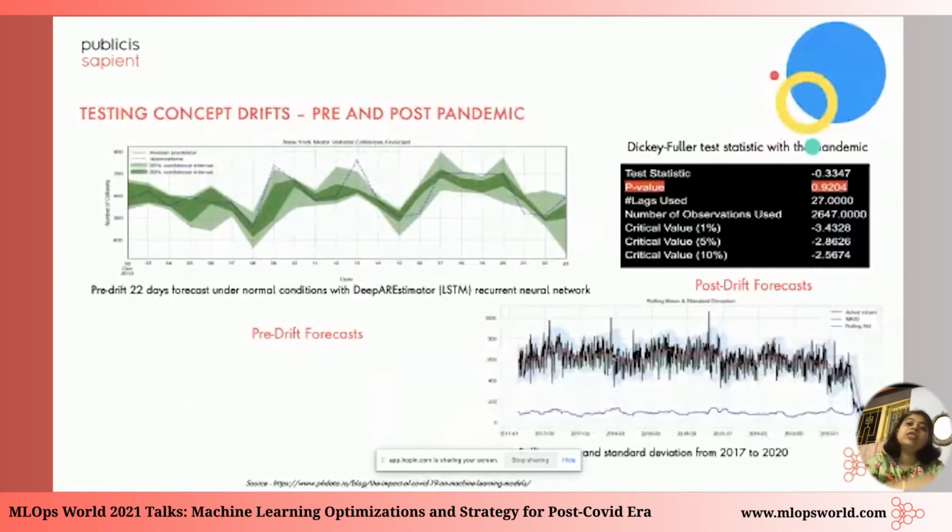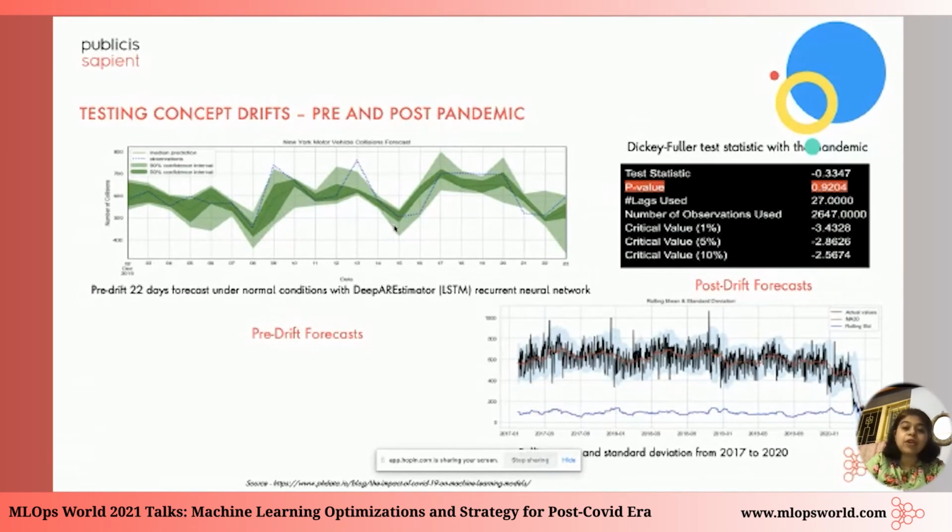And if we associate that concept with the pandemic, if you have looked at some of the data using deep LSTM-based DeepAR estimators or anything, even ARIMA models, we see that the post-pandemic models have higher p-values, 0.92 here. So that exhibits a significant drift compared to historic models, which have been trained even prior to the pandemic, prior to 2021.